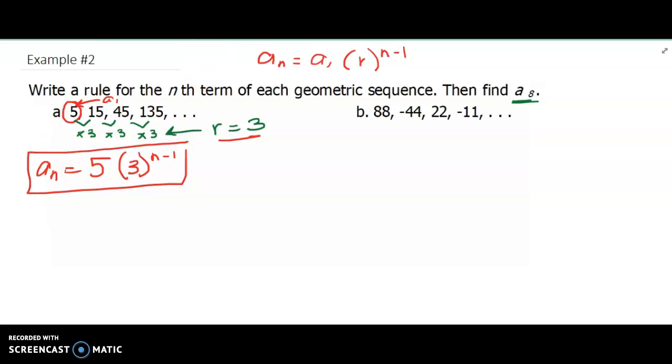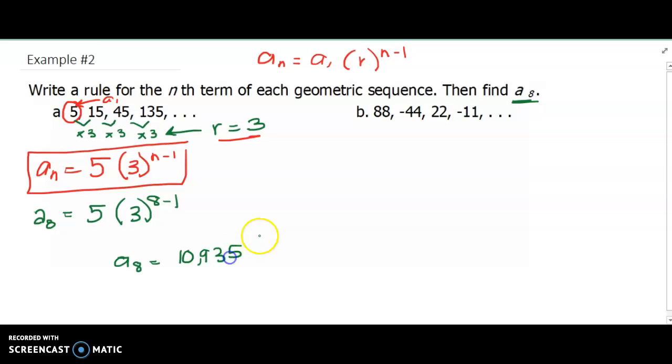Okay, now after I have my rule, I can find whatever term I need. So like here we want to find the 8th term, so a sub 8. All that means is I'm going to plug 8 in. So 5 times 3 to the 8 minus 1. And guys, these get really, really big, really quick. Okay, so if you put this into your calculator, you get a sub 8 equals 10,935.